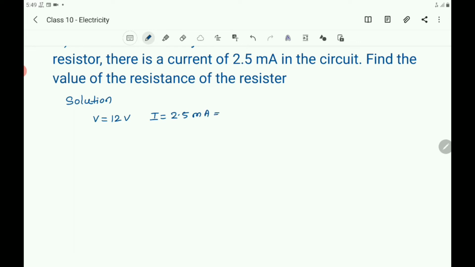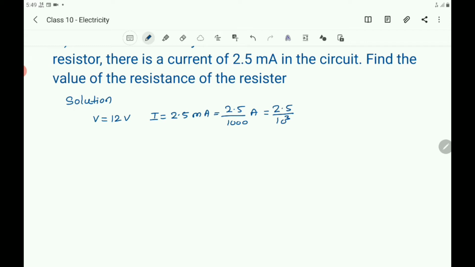So you express in terms of amps, that is 2.5 divided by 1000 amps, that equals 2.5 into 10 to the power of minus 3, because it is nothing but 2.5 by 10 to the power of 3.